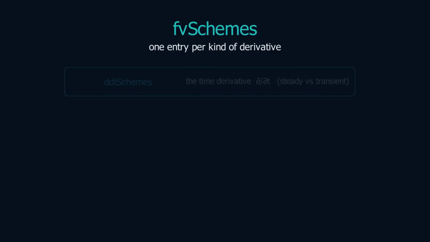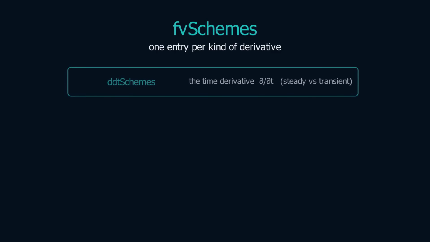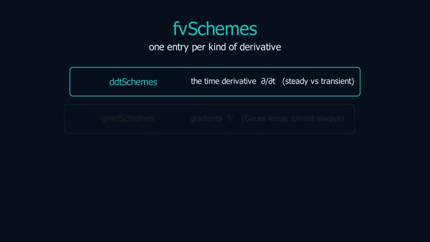Open fvSchemes. It's organized by the type of derivative in the equations. Each block picks the numerical recipe for that derivative. ddtSchemes handles the time derivative. Euler for transient runs, or steady state when you only want the final answer. Grad schemes handles gradients.